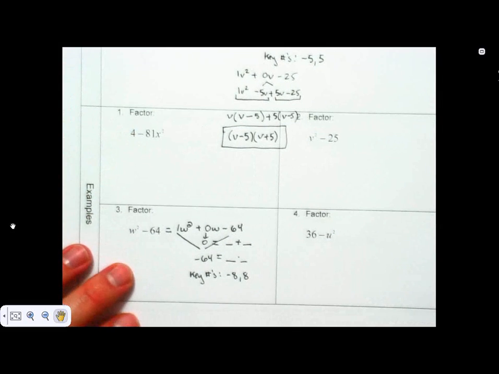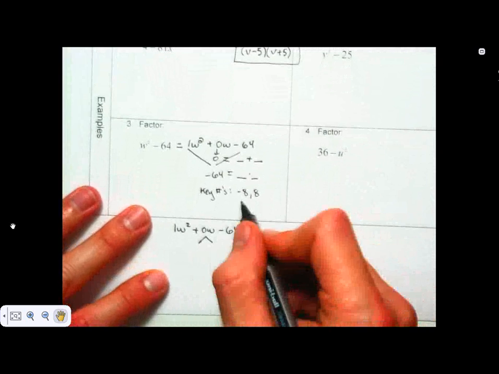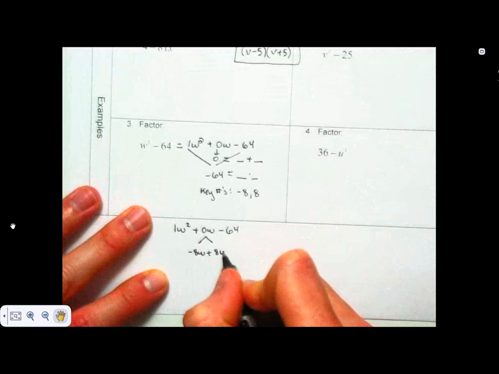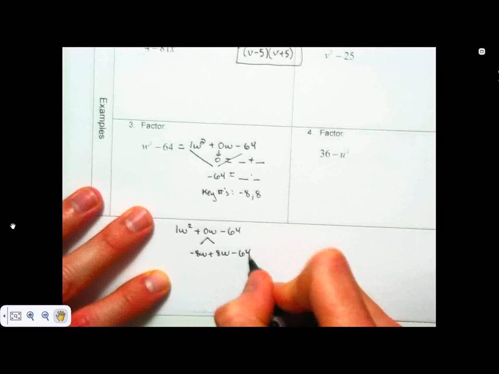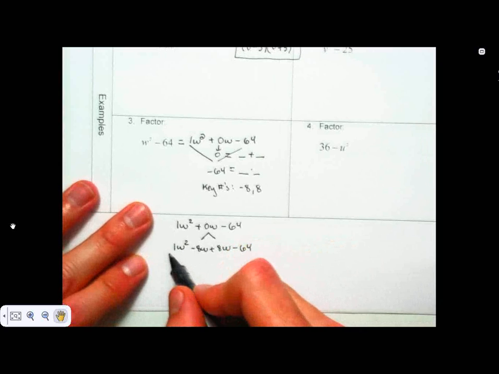So then, if I take my original expression, I've just figured out how to break up the middle term. So instead of 0w, I'm going to use my key number. So I've got negative 8w plus 8w. And everything else is going to stay the same. And now I'm going to factor by grouping.